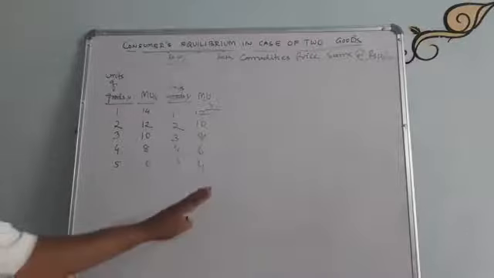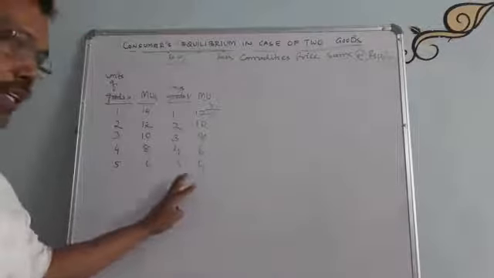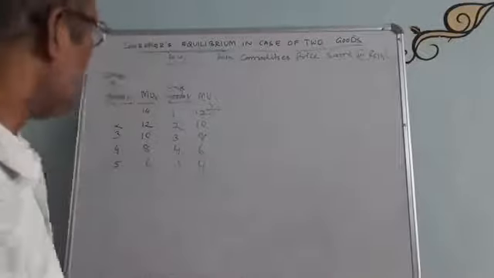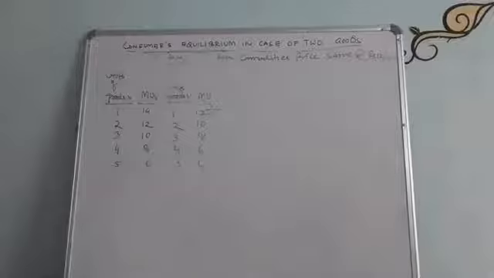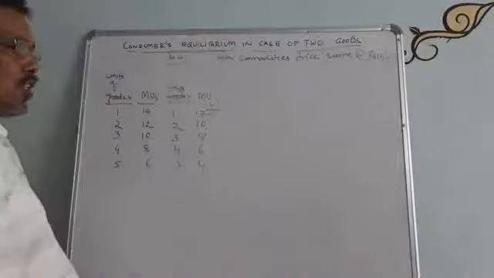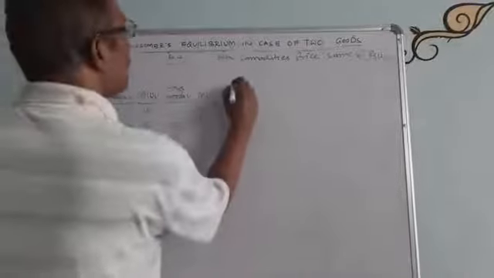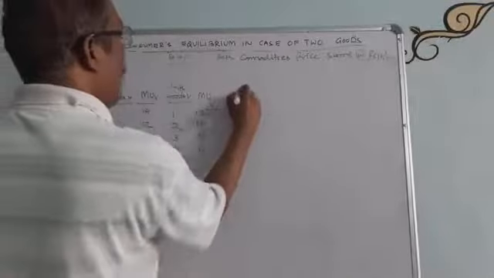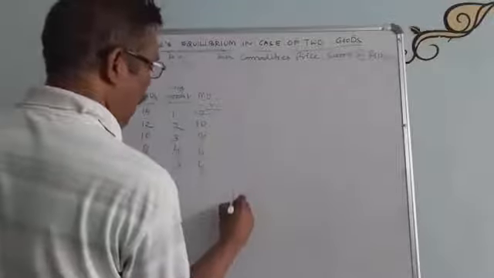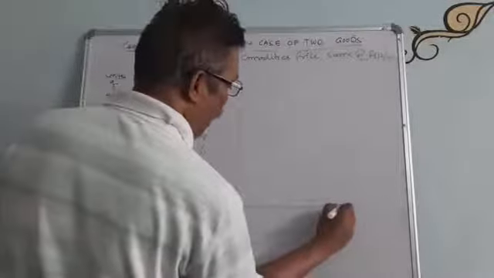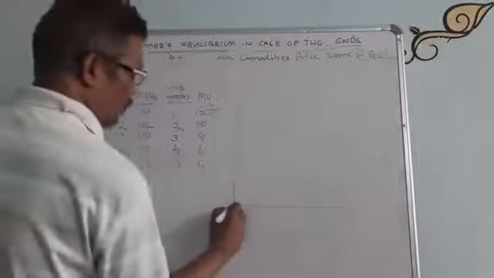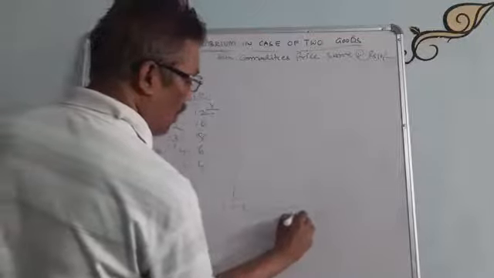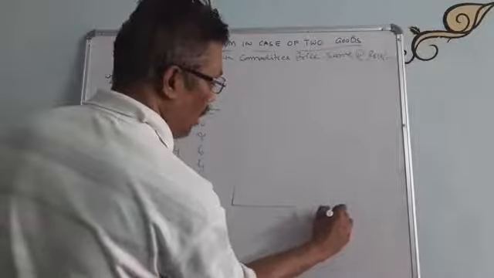We have drawn that diagram so far, as far as the marginal utilities of X and Y are concerned. We will draw the marginal utility curves in one diagram. One, two, three, 4, and 5.